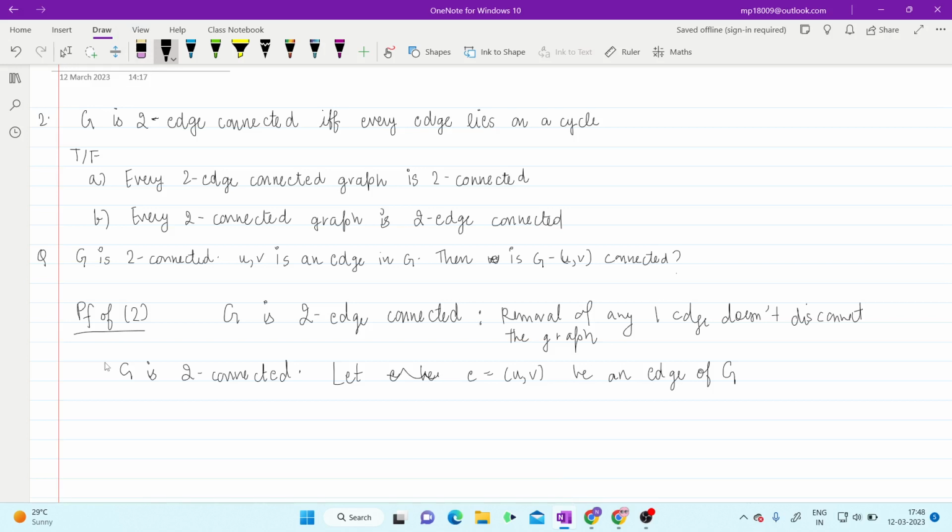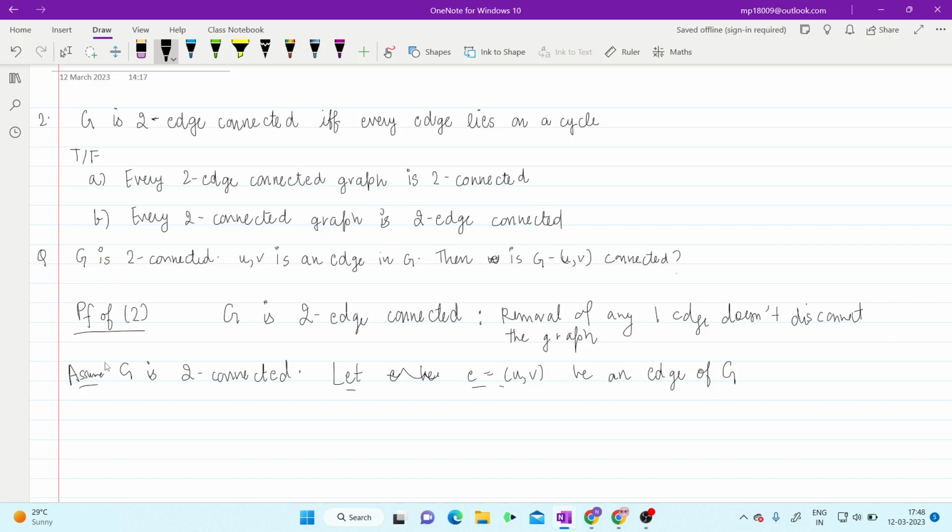So we are assuming that G is 2 edge connected, and we have to show that every edge lies on a cycle, so we pick some edge e. Let e be an edge of G.